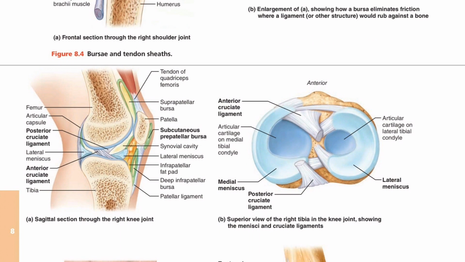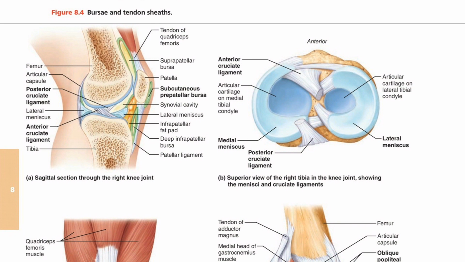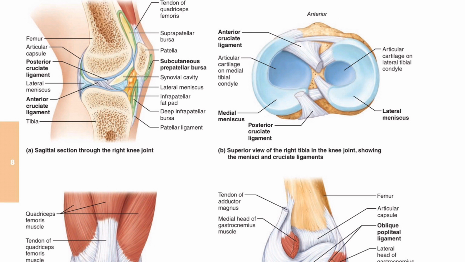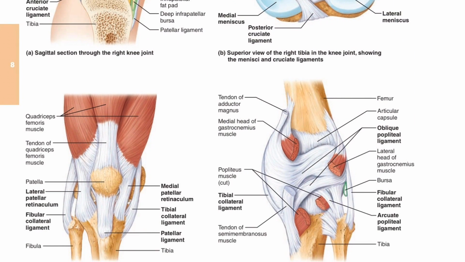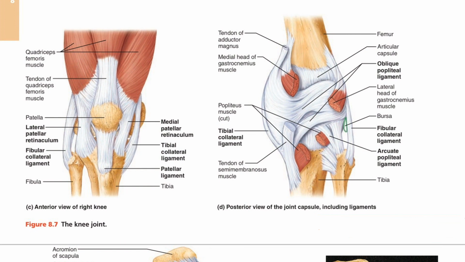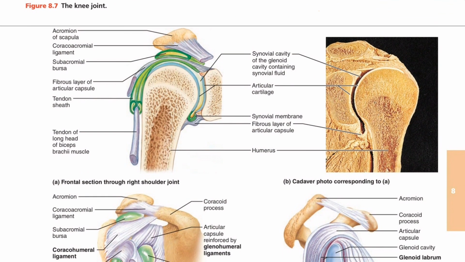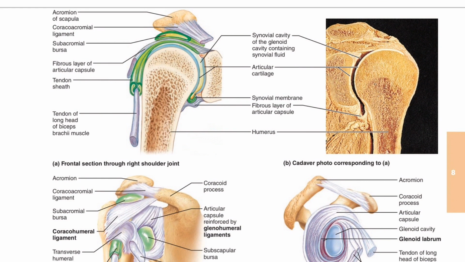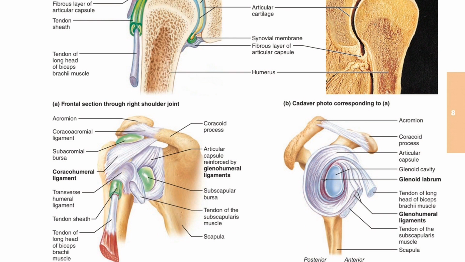Then again the knee joint, and this figure is from a different physiology book. Then this is again the knee joint, with the muscle, the ligament and the tendon. Shoulder joint once again, an example of synovial joint.